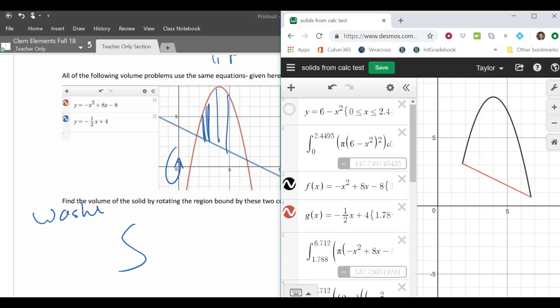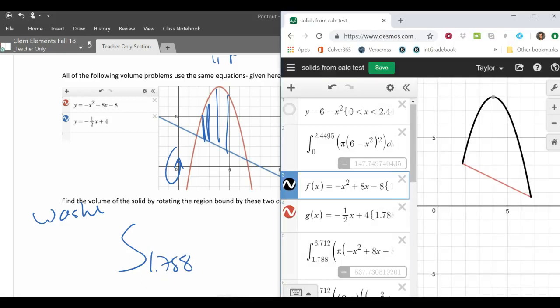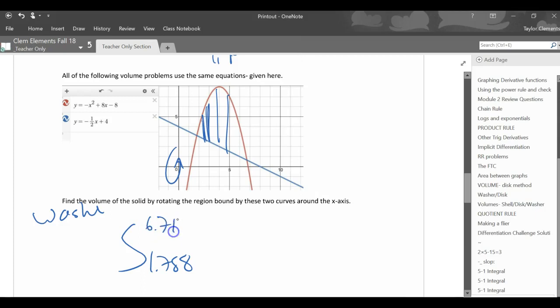Looking at my graph here, I have my x values starting at 1. If you look at the intersection point, it's about 1.7, or you can just put 1.8. So I put 1.788 to 6.712. That's the x value down here.